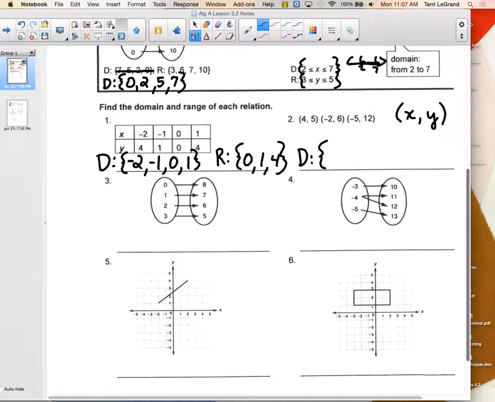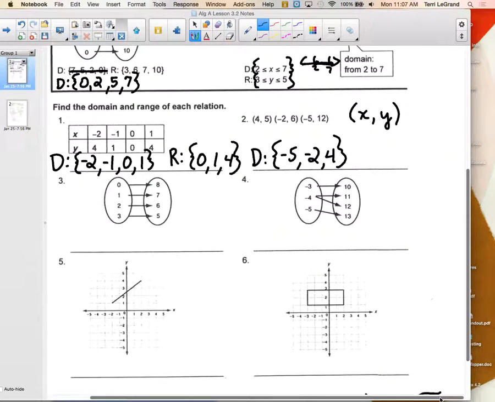Numerical order? X values? How about Julia? -5, -2, and 4. Okay. Thanks, Julia. Okay. And now range. Range are the y's and numerical order least to greatest, no repeats necessary. Devontae. 5, 6, and 12. 5, 6, 12. Okay. Those are the correct domain and range for it.